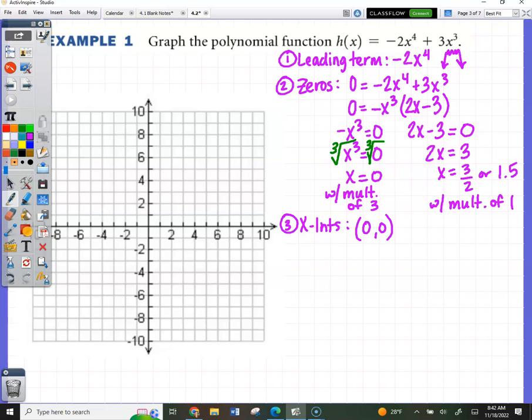Now, how many times was it repeated? So I'm going to put right here just times 3 to tell me there was a multiplicity of 3 there. I'm not actually multiplying 3 into that. That's me saying, hey, it gets repeated 3 times. And then this 1 1/2 translates to the x-intercept 1 1/2, comma 0. And how many times was that repeated? None. So I'm just going to say times 1.